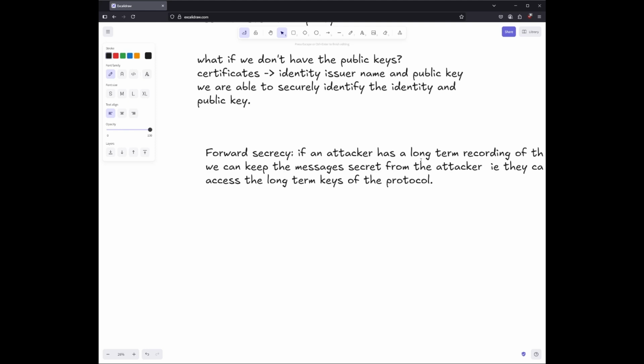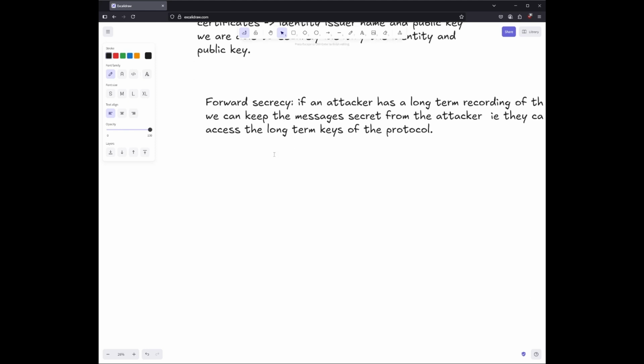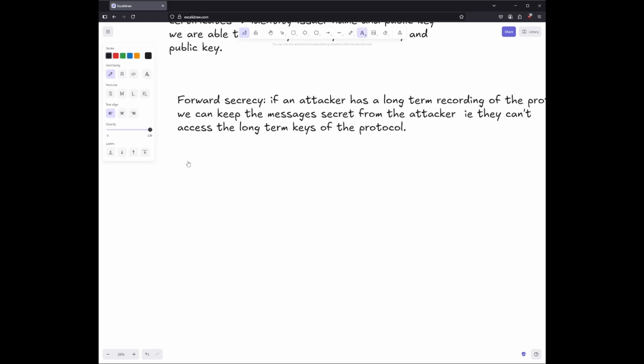Now, how do we keep a key good? That brings up the question: what defines a good key? First of all, it's fresh, which just means it's new.